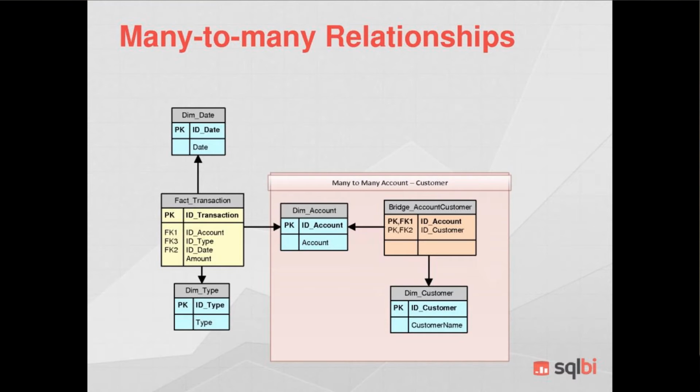So if you want to use a many-to-many relationship, you simply create a relationship of type many-to-many between two dimensions, and then you are done. You don't need to do anything else. Performance is not exciting, or performance really sucks, but at least it's easy to model them.